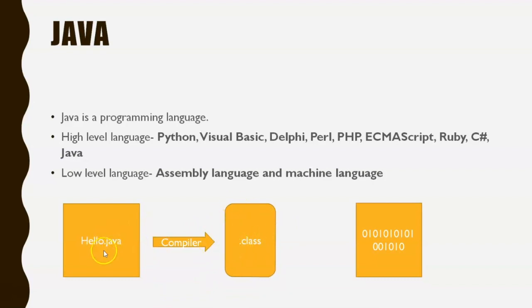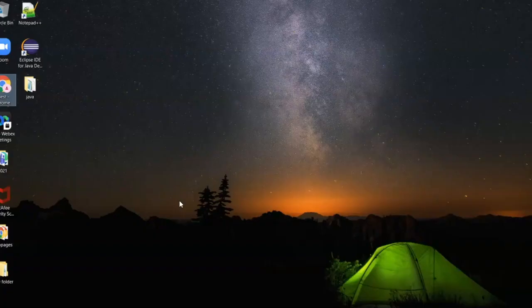When you write a program in Java and compile it, it gives the .class file, which is called bytecode. Bytecode is understandable by the computer. Our JVM, or Java Virtual Machine, can convert this bytecode into system understandable code. We will see that example right now.